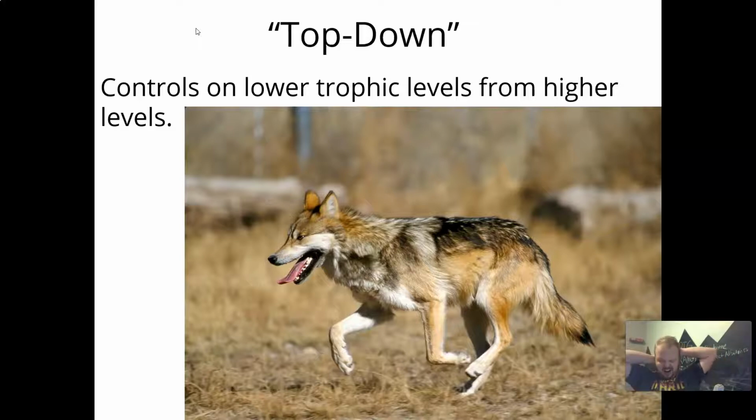Essentially, the apex predator's number is limited by its prey, but the introduction of an apex predator causes the prey, usually the primary consumer, levels to lower. As population levels get lower, there's less plants being consumed.